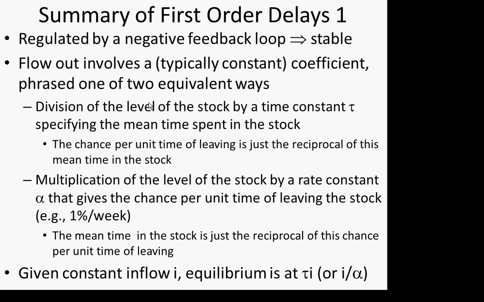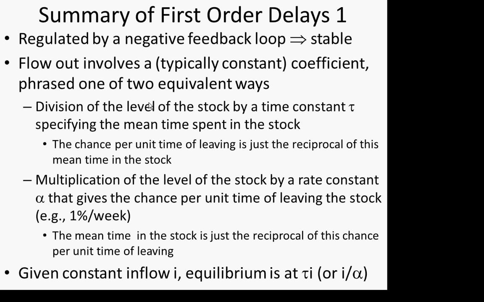Okay, for a given constant inflow I, the equilibrium value is at I times this time constant, or I divided by alpha. It's got to be dimensionally consistent. You look at it: I, what are its units? What are its dimensions? Let's suppose we have persons and months. The inflow is measured in persons per month.